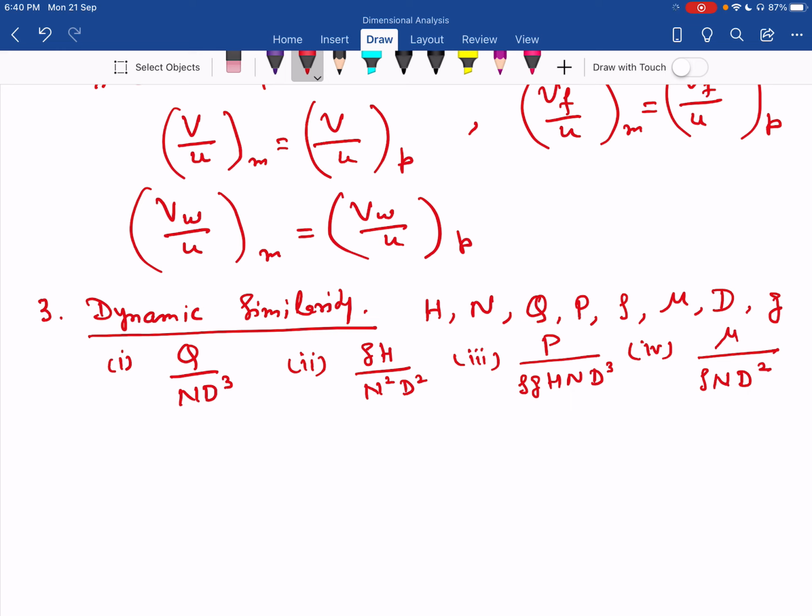Now, in case of pumps and turbines, as the velocity is very high, there is no concept of Reynolds number, so there is no effect of viscosity in the flow. We can neglect this term in case of turbines and pumps. So the fourth term we can neglect, and we are left with three terms: term 1, term 2 and term 3.